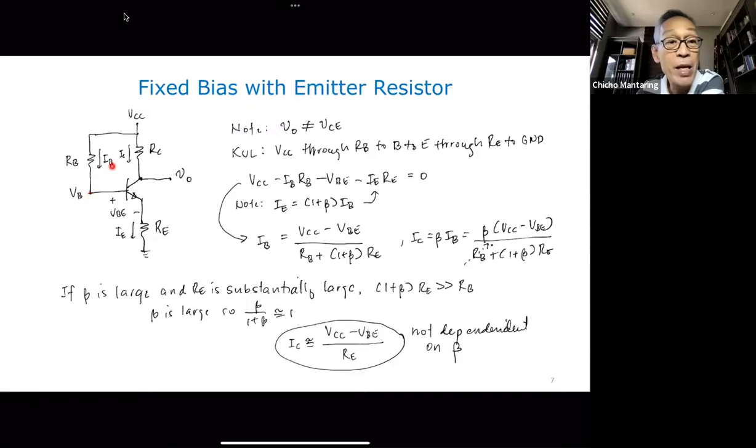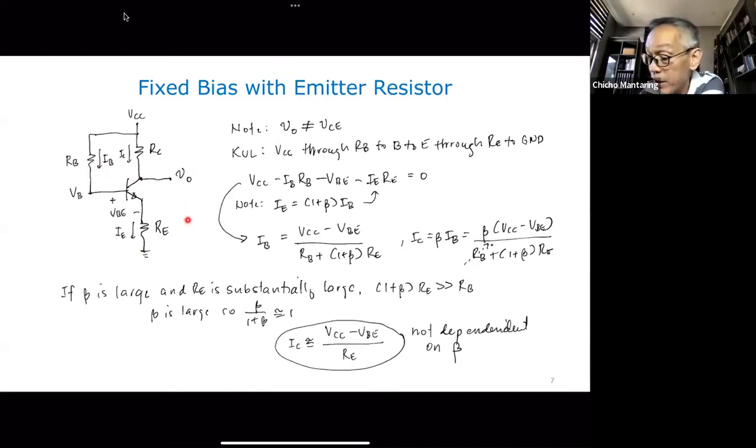What will happen to IB? Because V sub B is larger, I sub B will become smaller. Because the voltage across my resistance RB now will become smaller. Pag mas malaki itong VB, mas maliit ngayon yung voltage across my resistor, I sub B will become smaller. So if for some reason I sub C is increasing, that will be compensated for by a decrease in the value of I sub B. So actually there's a feedback mechanism here.